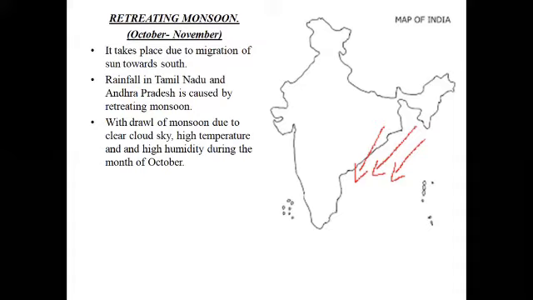It's totally changed. With low pressure over the sea, the southeast monsoon begins to withdraw from the mainland of India. As we know that wind moves from high pressure to low pressure regions, the monsoonal wind starts coming back towards the ocean.